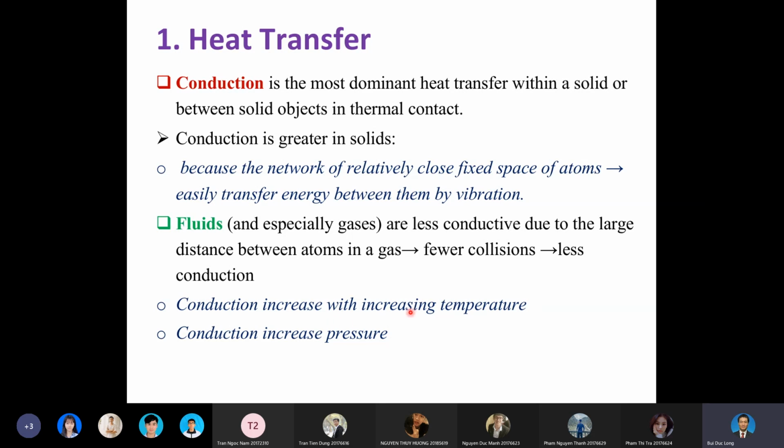So conduction will increase with temperature and with pressure. Can anyone explain to me why heat conduction in gases or fluids increases with temperature and increases with pressure? Anyone?